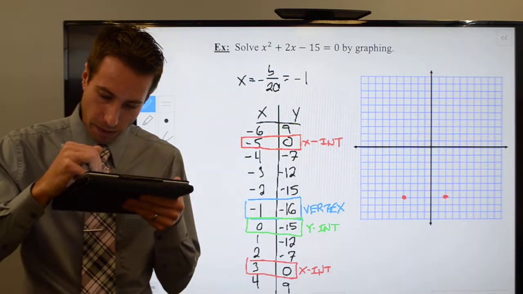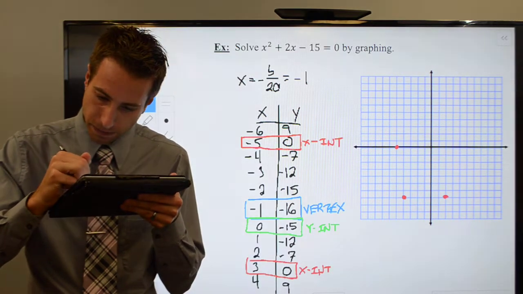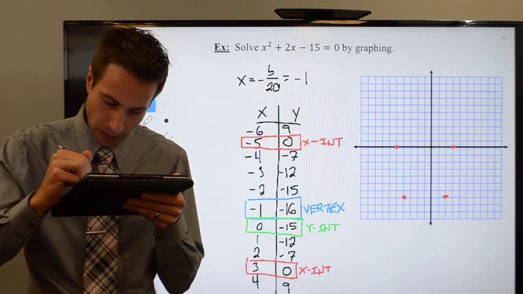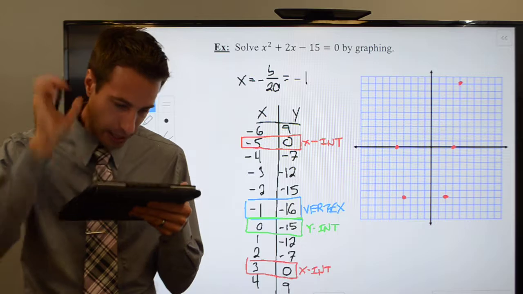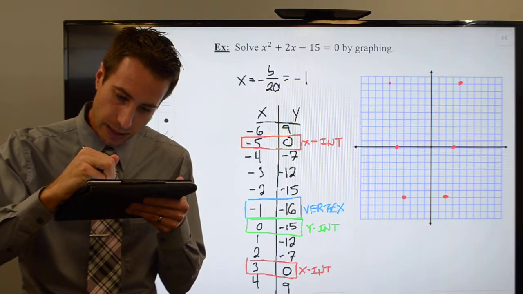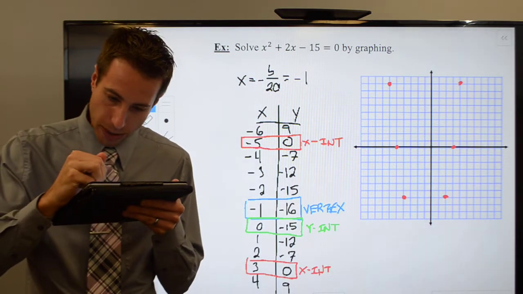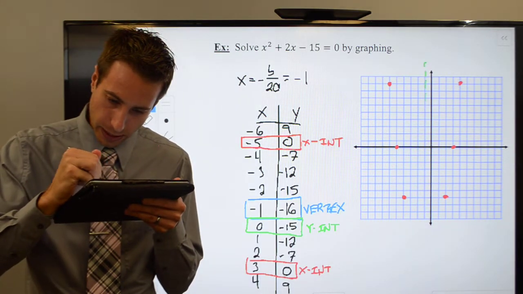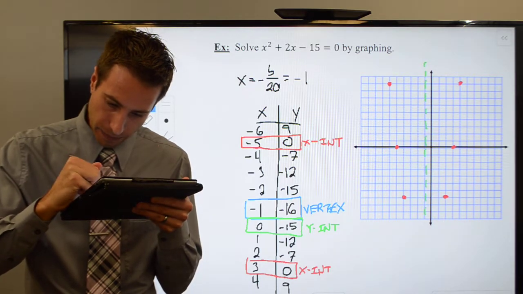Minus 5, 0, and 3, 0. And 4, 9, and negative 6, 9. All right, my axis of symmetry was at negative 1. Let me throw that in there real quick. I didn't ask you for it, but we'll throw it in there.